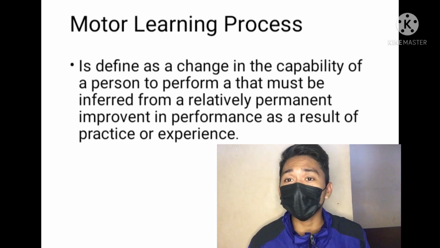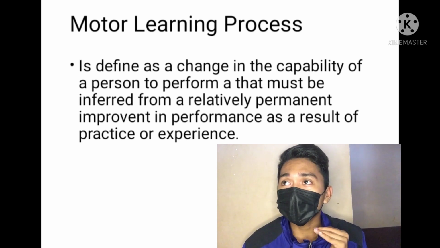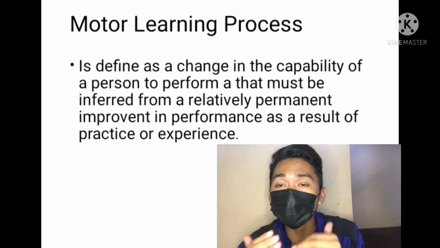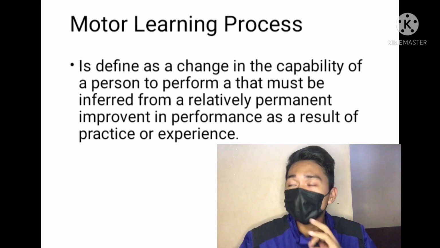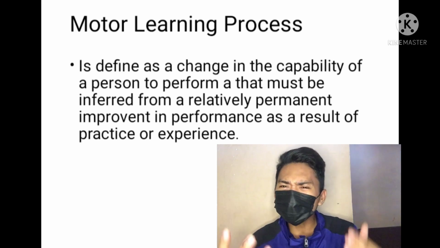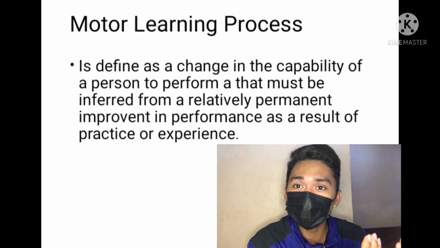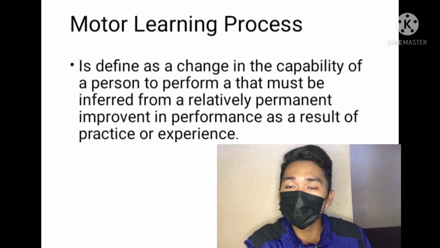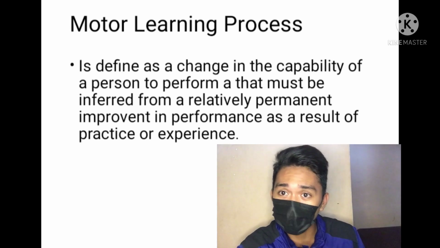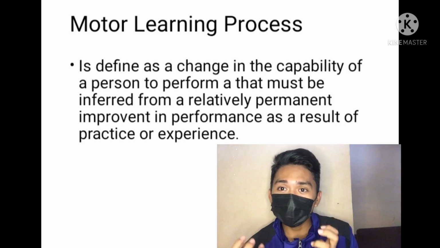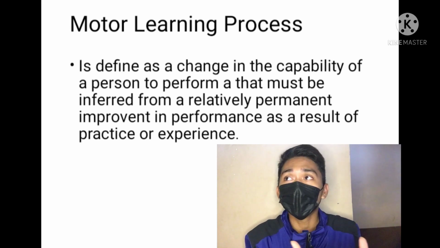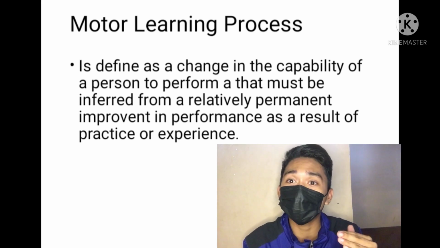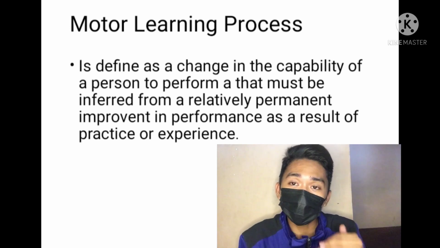The motor learning process is when a person studies to improve their performance. For example, she didn't know how to spike a ball, so motor learning is applied, teaching her how to spike the ball in volleyball. The goal is to improve that person as an athlete or as a better player.